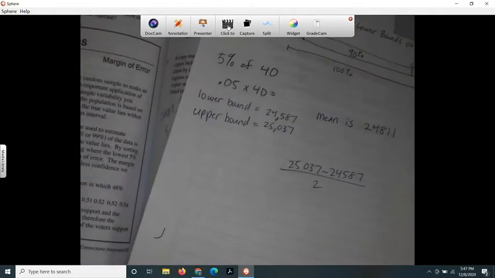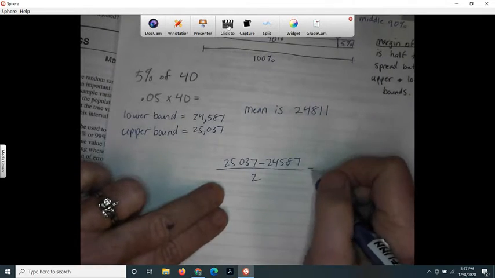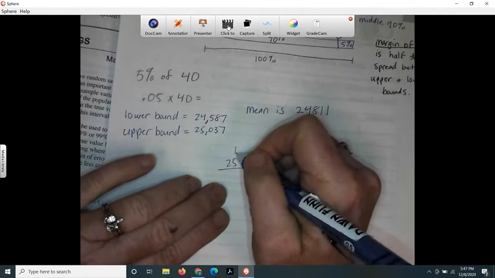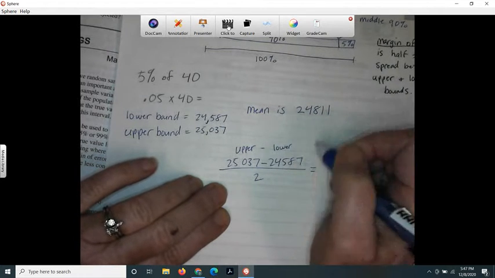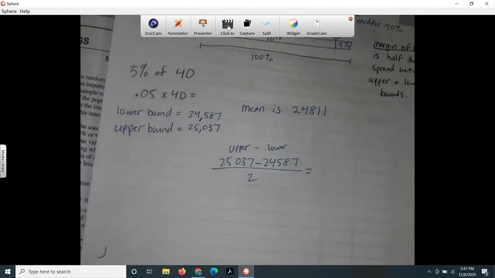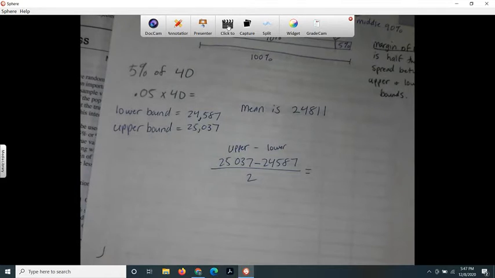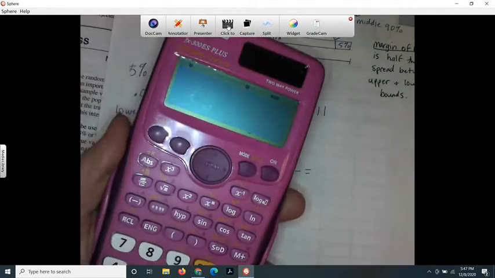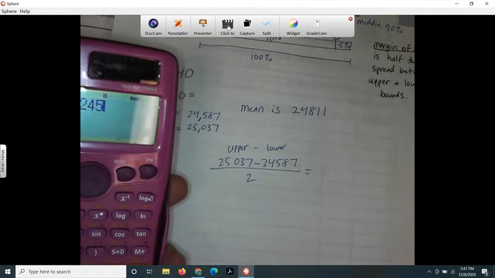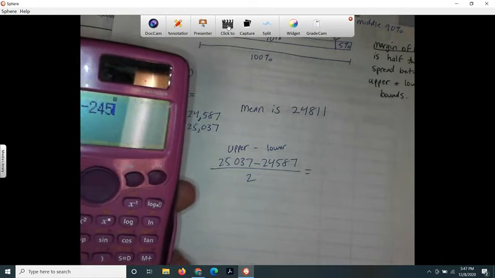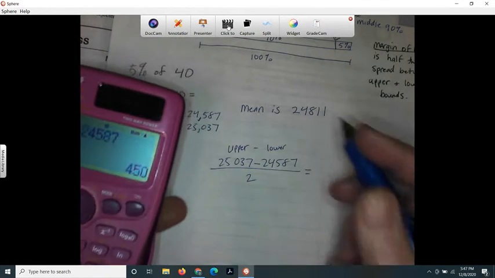So if I do this math right here in my calculator, this is the upper bound minus the lower bound and divide by 2, then I'm going to get my margin of error. I got 450 right here, and then divide by 2, that's 225.